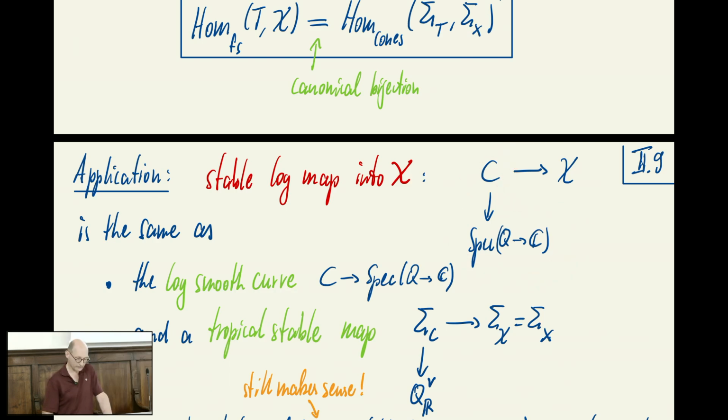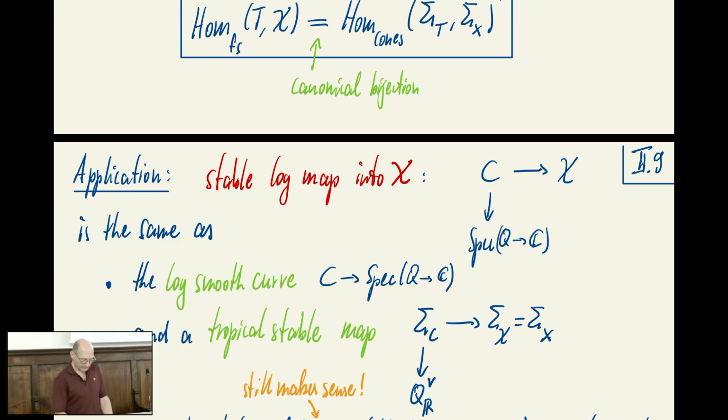So once I have the log smooth curve, that's something we are happy with, right? That was our frac M before. And then we need a log morphism from C to X, but we know that it's the same as the morphism of cone complexes, so that's just a tropical stable map sigma C to sigma X. It's the same thing, okay?